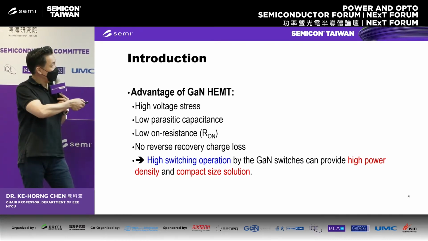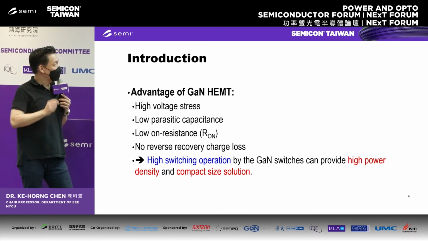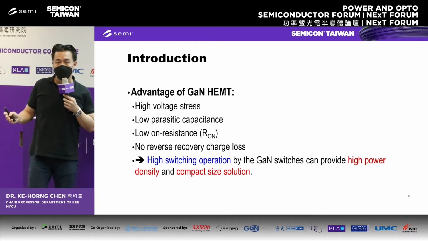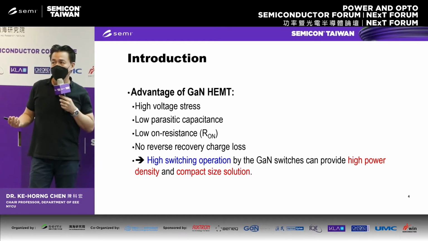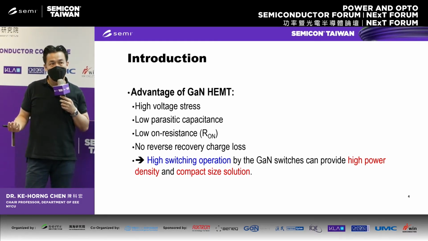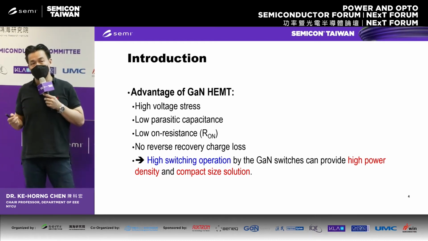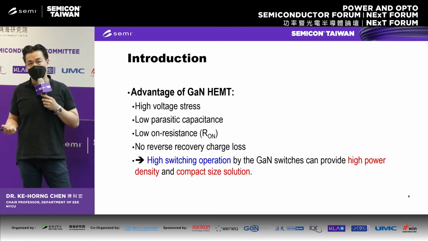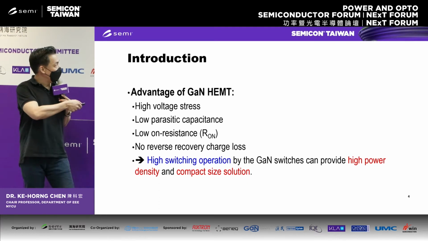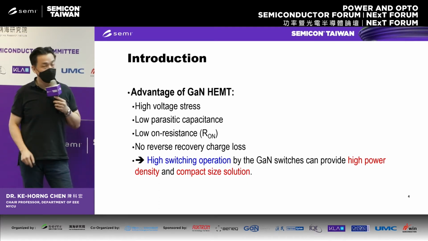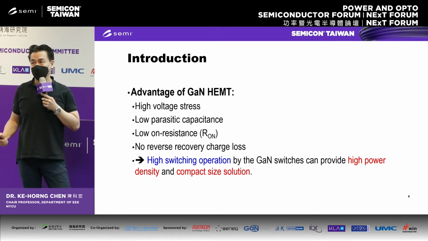The second advantage is low parasitic capacitance. It means that if we want to have a high switching operation, its low parasitic capacitance will determine the switching power loss. In other words, low parasitic capacitance means that we can reduce the switching power loss.